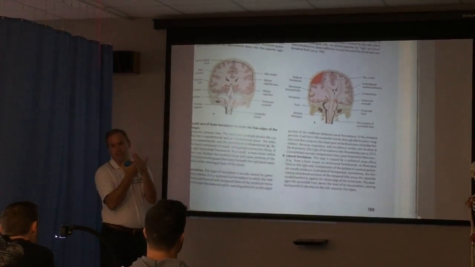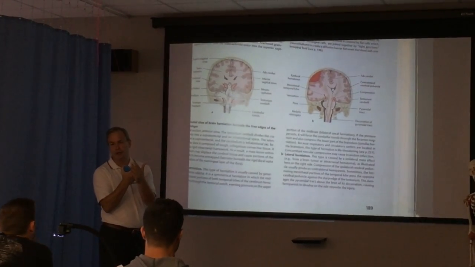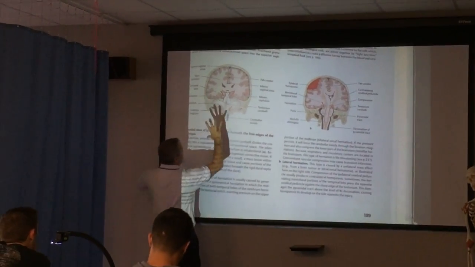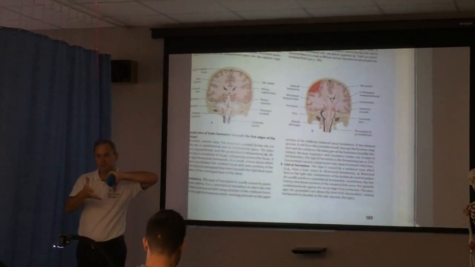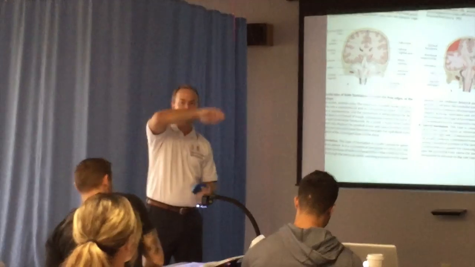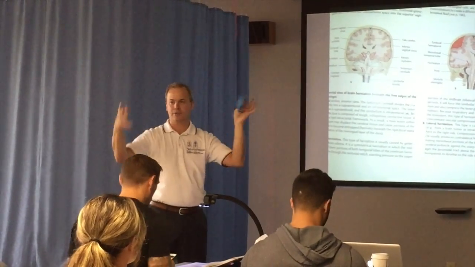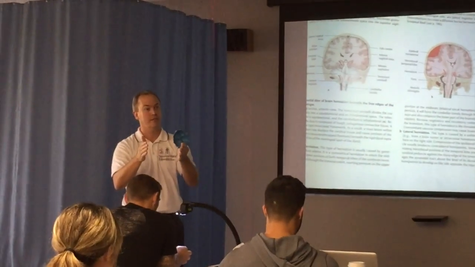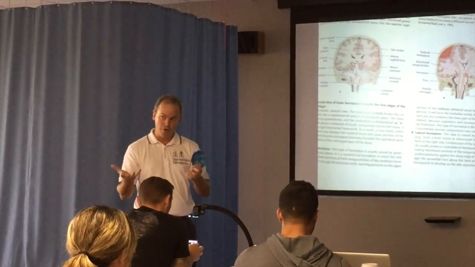Because they're essentially attached. So I'm taking this cerebrum and I'm twisting it. Now, once you start to look at somatosensory maps and all this stuff, and you start to realize the parts of the brain that are close to this, all of those parts can be affected.